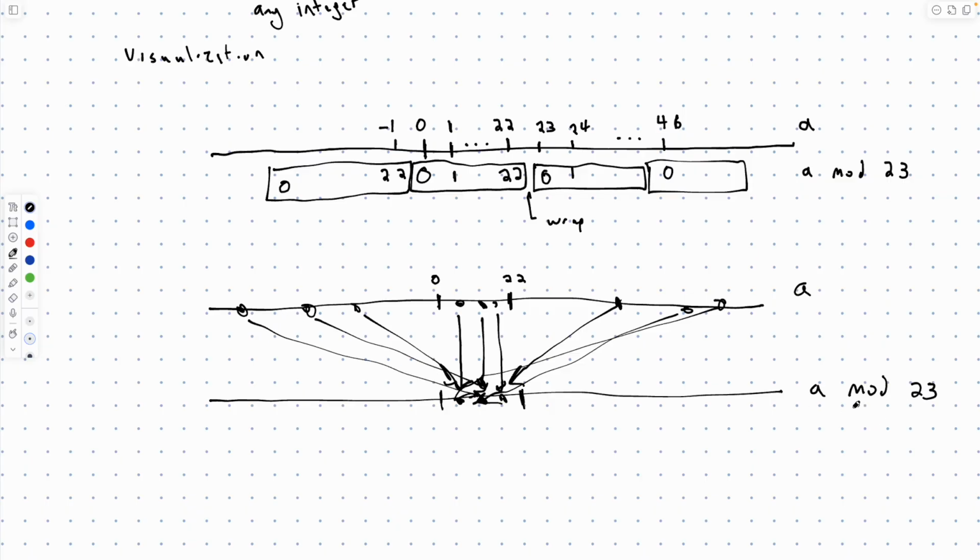So if you see mod 23, what that means is A can be any number in the world, any integer. It can be really big, it can be small, it can be big negative, it can be big positive. But once you apply that mod 23, it just goes into a small interval. The result is going to be some number between 0 and 22.